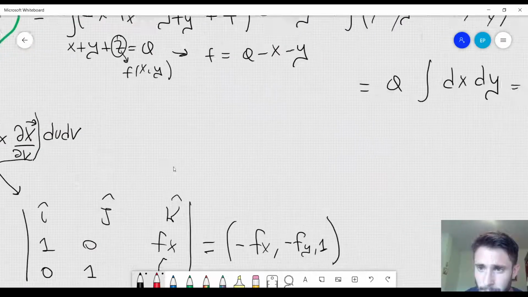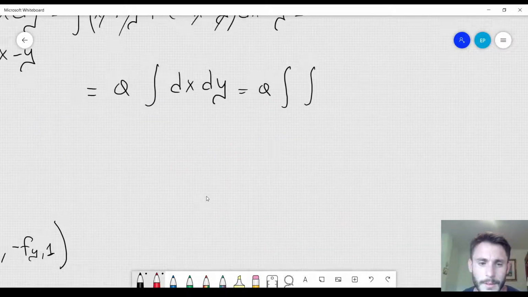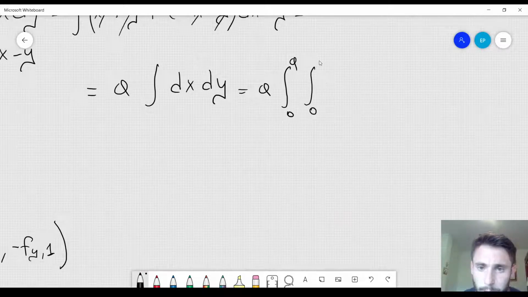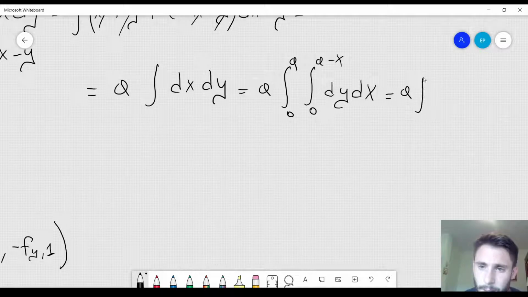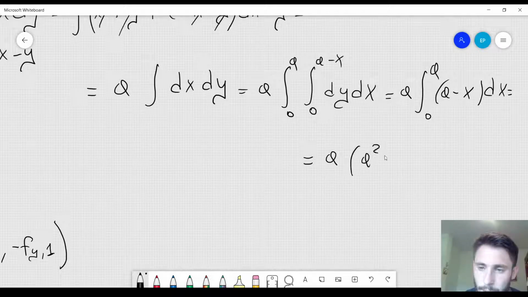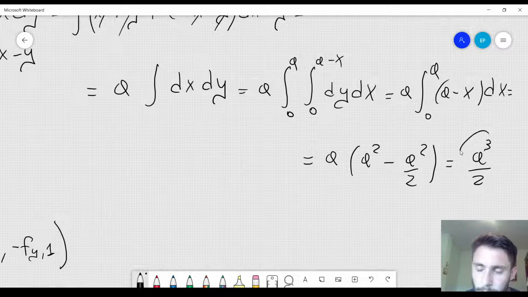So I have to integrate from 0 to a, then from 0 to a minus x, dy dx. And this is just equal to a times the integral from 0 to a of (a minus x) dx, but this is just equal to a times (a squared minus a squared over 2), and this just gives me a cubed over 2. And this is the result.